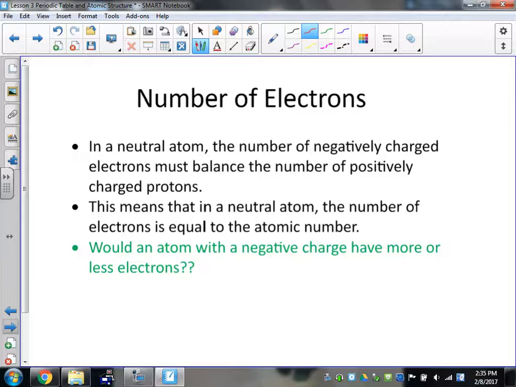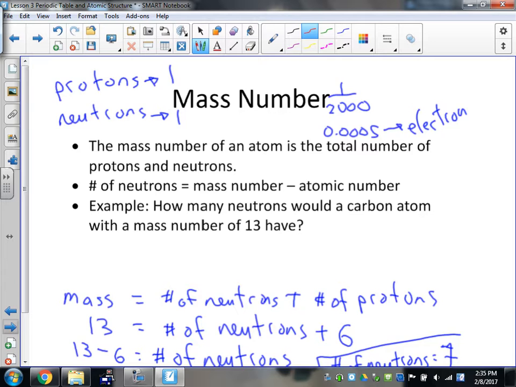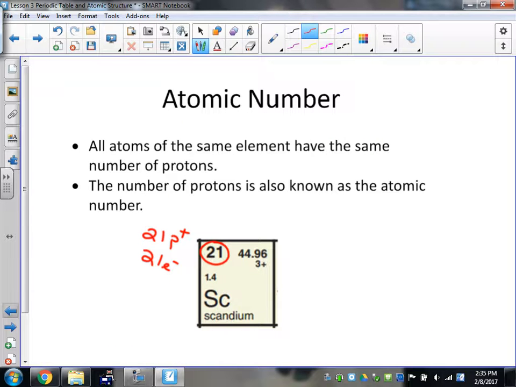More or less electrons, negative charge? What do you think? Does it have more negatives or less negatives?